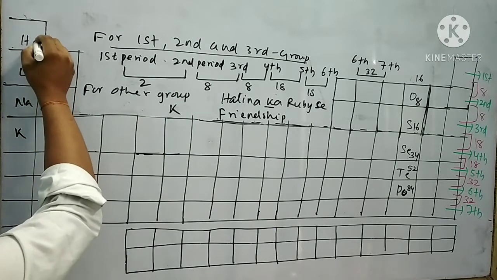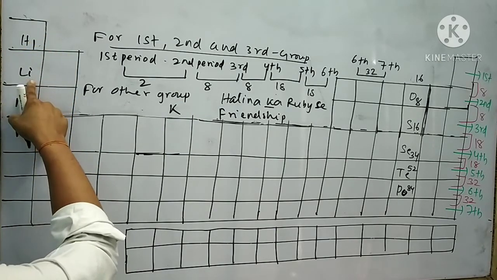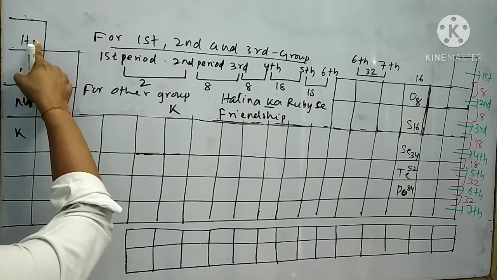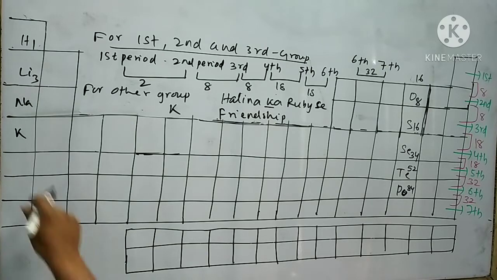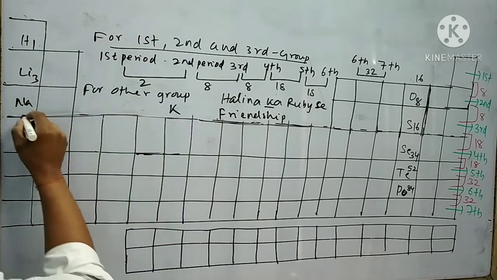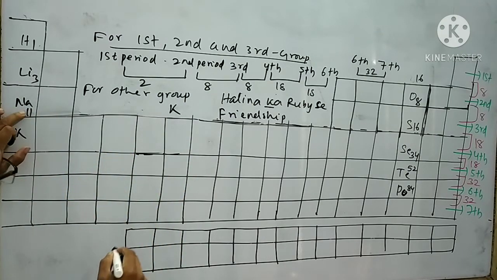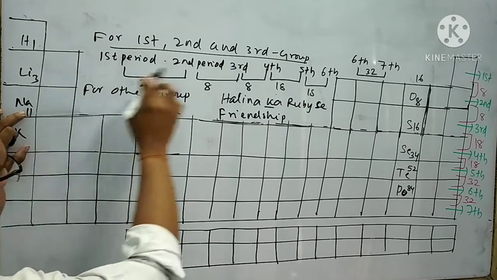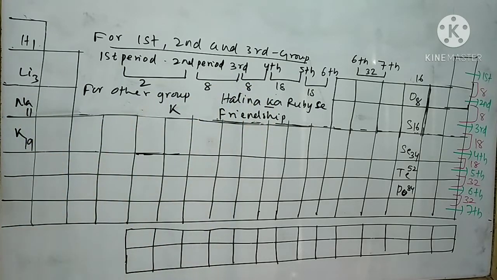The atomic number of hydrogen is 1. The atomic number of lithium is 1 plus 2, that is 3. The atomic number of sodium is 3 plus 8, that is your 11. The atomic number of potassium is 11 plus 8, that is your 19.